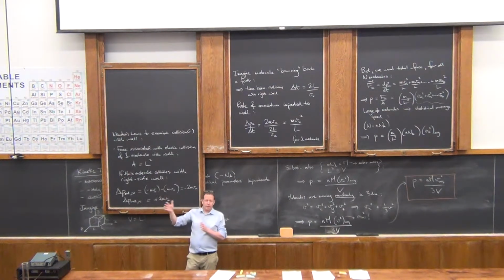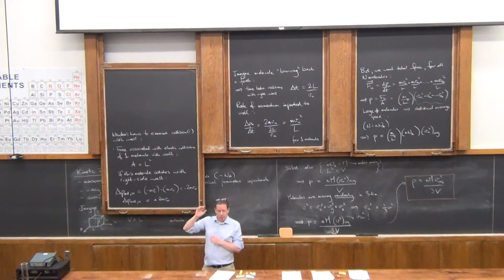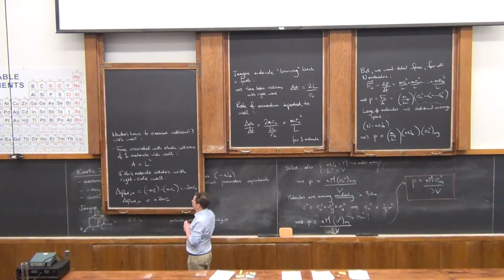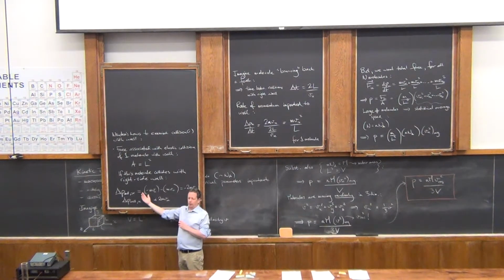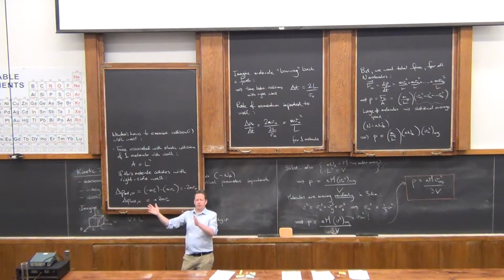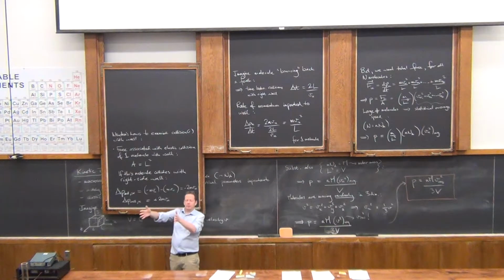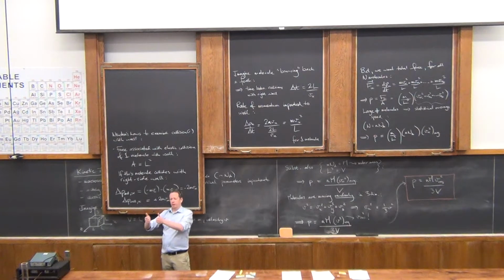So, we're only looking at this molecule, which has components of velocity in all coordinates. We're only caring about its collision with the right-hand wall. So just think of this in terms of an elastic collision. I've got a rigid wall. This thing comes in, and its x component of momentum is all I care about. It's the x component that's actually going to be inverted when it bounces off. The y and z components won't change.